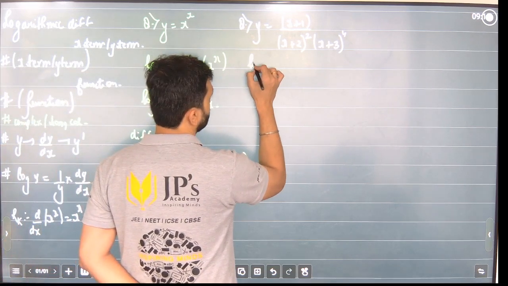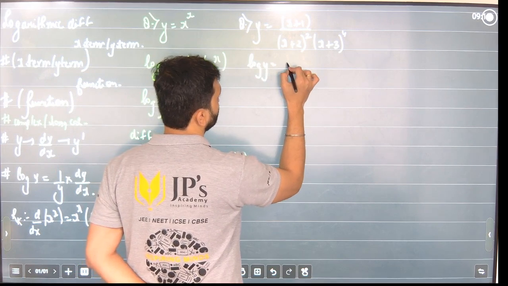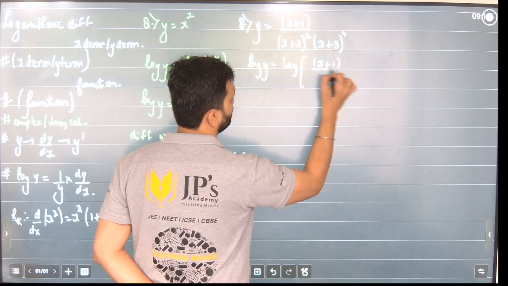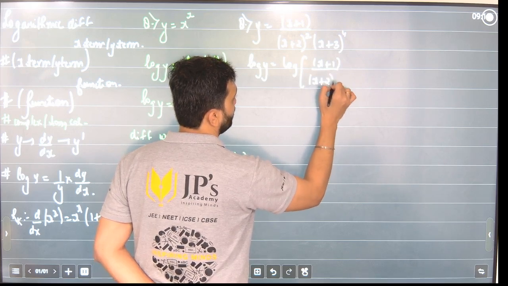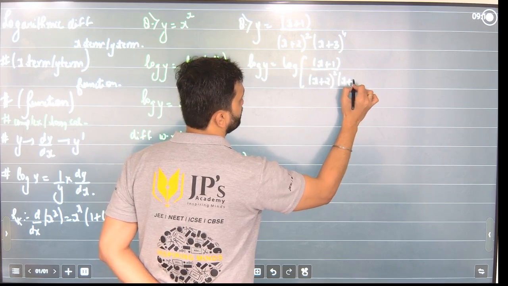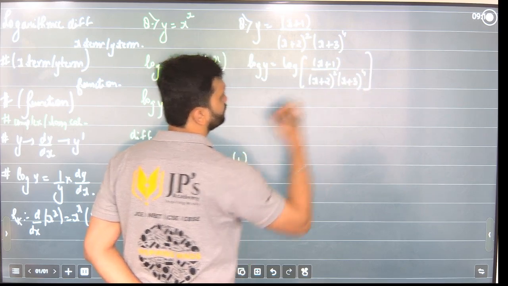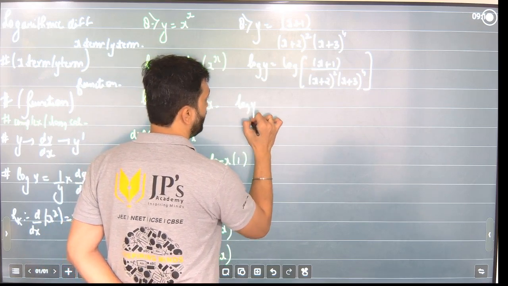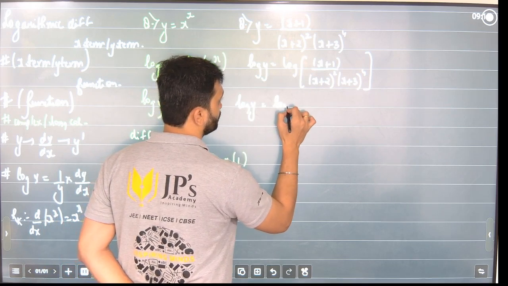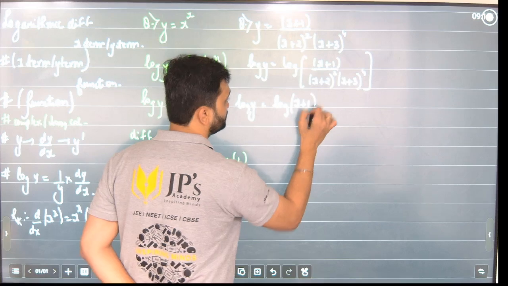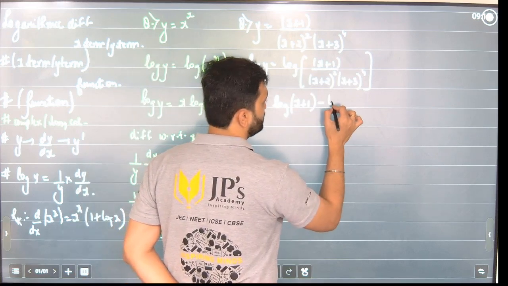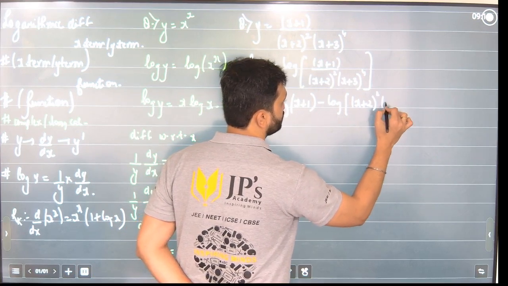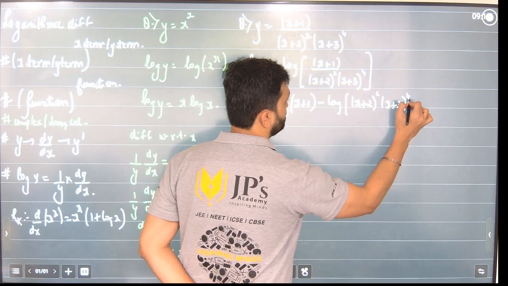If I take log on both sides, this will become log y is equal to log of (x plus 1) upon (x plus 2) the whole square, (x plus 3) raised to 4. Therefore, log y will become log of (x plus 1) minus log of (x plus 2) the whole square (x plus 3) raised to 4.